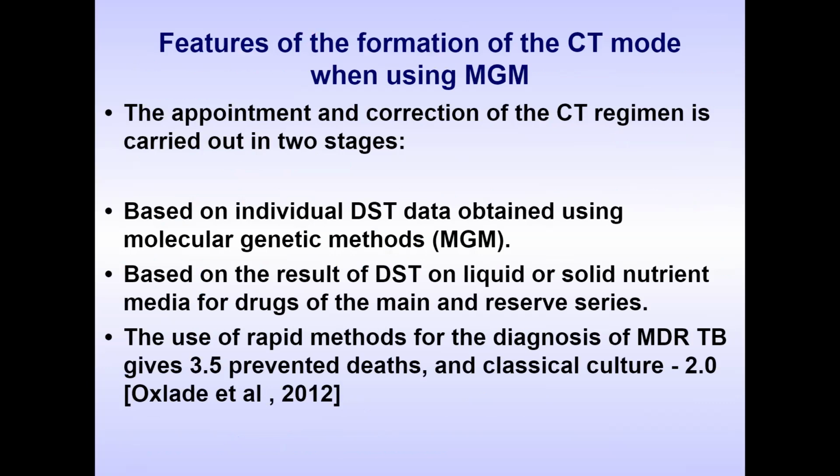The appointment and correction of the chemotherapy regimen is carried out in 2 stages, based on individual drug susceptibility test data obtained using molecular genetic methods, and on the result of DST on liquid or solid nutrient media for drugs of the main and reserve series. The use of repeat methods of diagnosis of MDR-TB helps prevent death and poor clinical outcome.